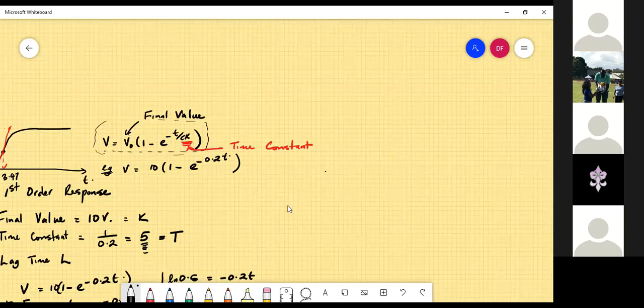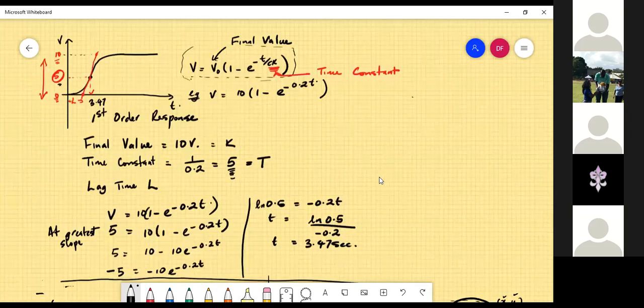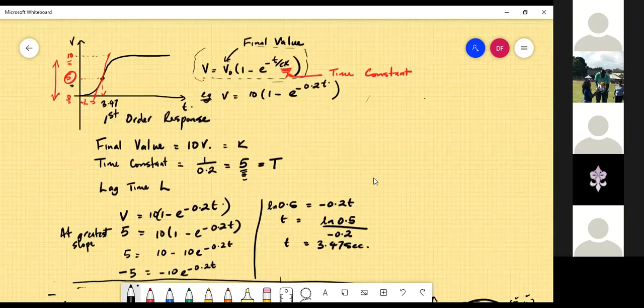What do you know the equation of a line to be? mx plus c. All right. So y is equal to mx plus c.